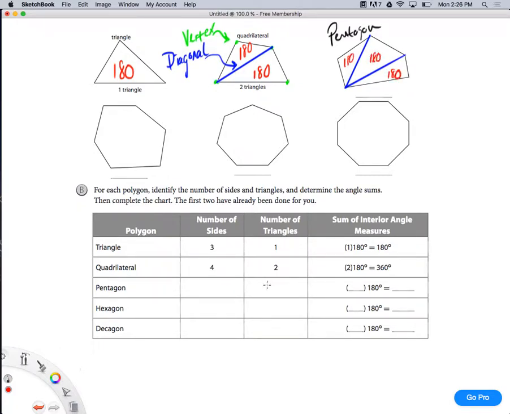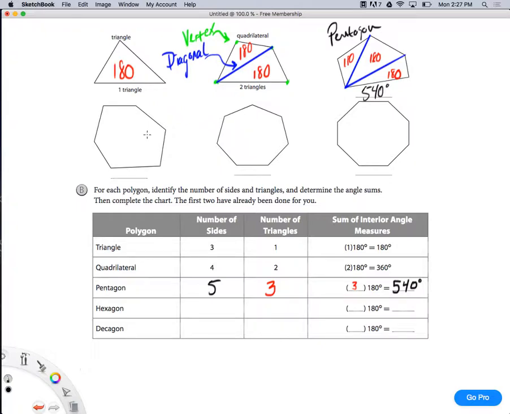So I have 3 triangles, so it's 3 times 180. 5 sides is 3 times 180. Anybody? 540. So the sum of the interior angles of a pentagon is 540.